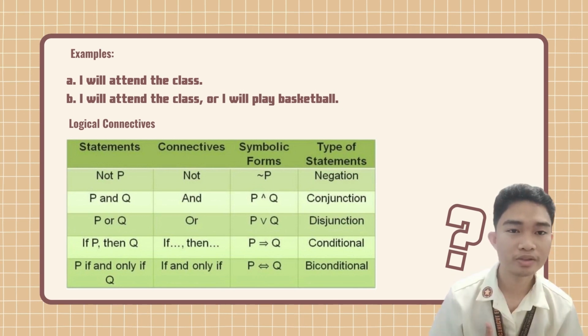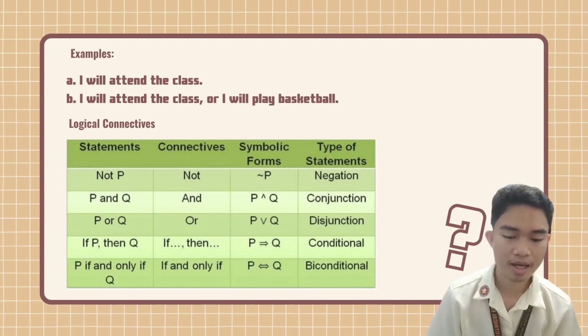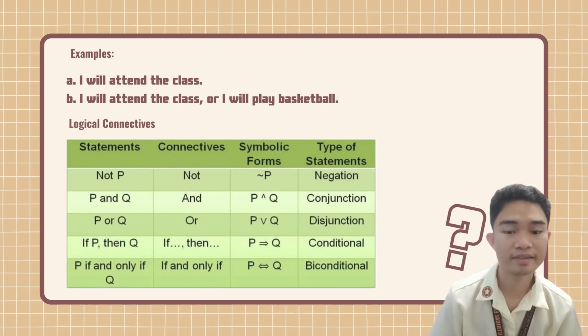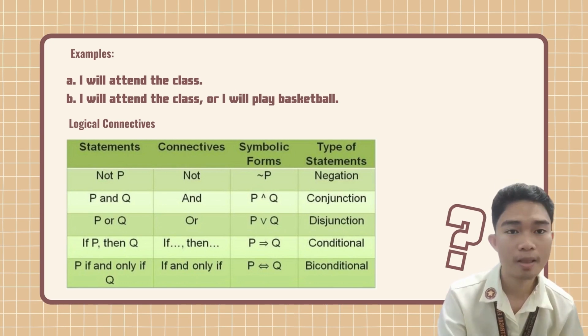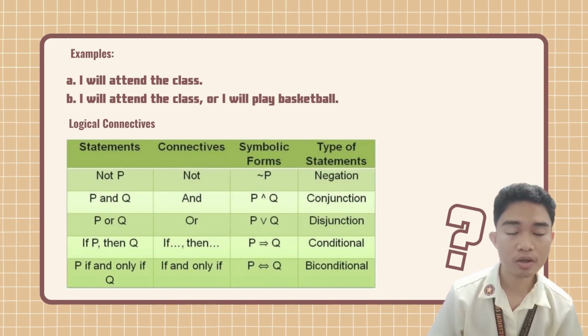It is read as if and then. So in a statement, you can read it as if P then Q. Lastly, the biconditional, and it is also the arrow sign that is pointed left and right, and you can read it as if and only if. So in a statement, P if and only if Q.